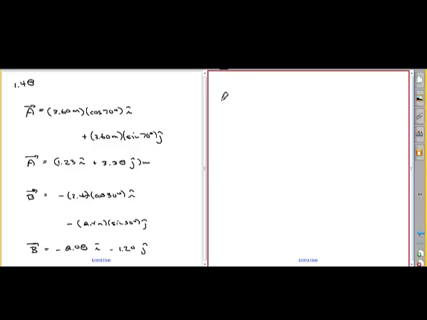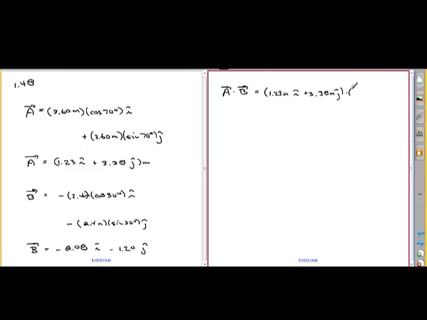So the cross product of a cross b, actually what they want you to find is the dot product of those two vectors. So a dot b. Vector a is 1.23 meters i plus 3.38 meters j.